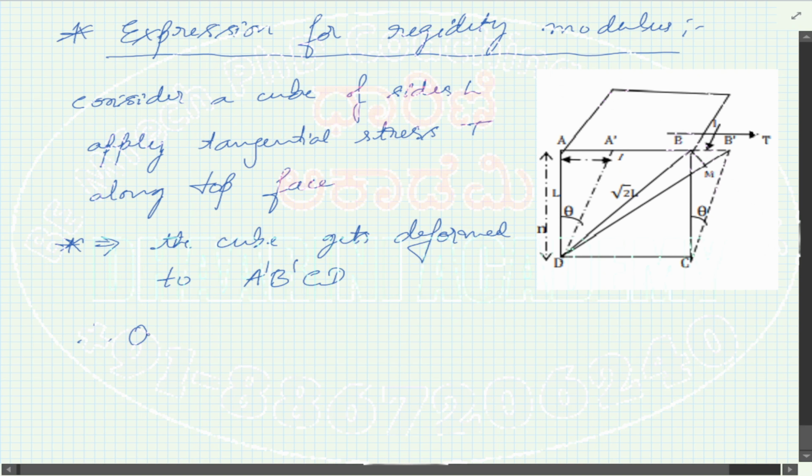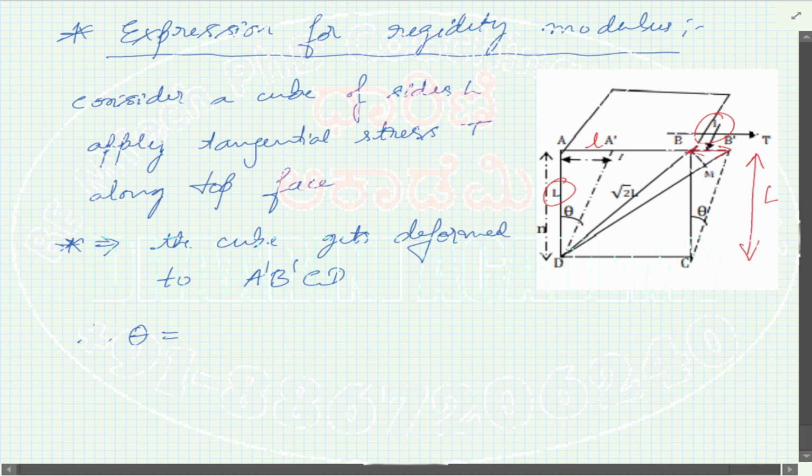So therefore theta is equal to, just see here, there is a mark small l here. That is this distance. The distance BB dash or AA dash is small l, and you can see that the capital L is this vertical distance.